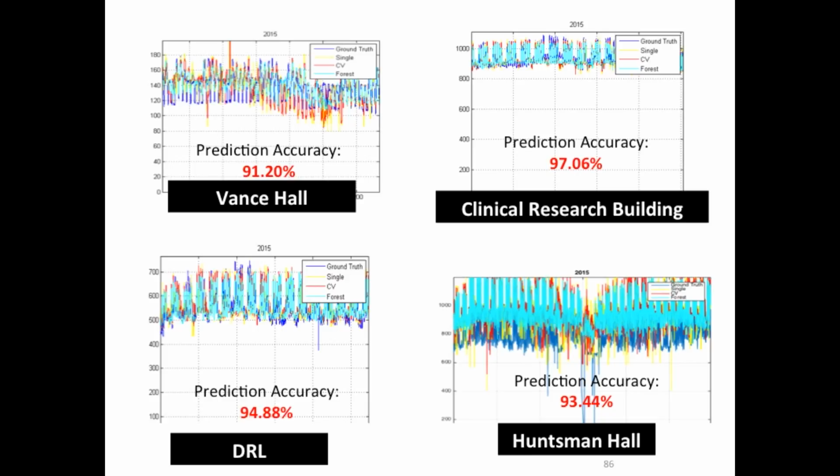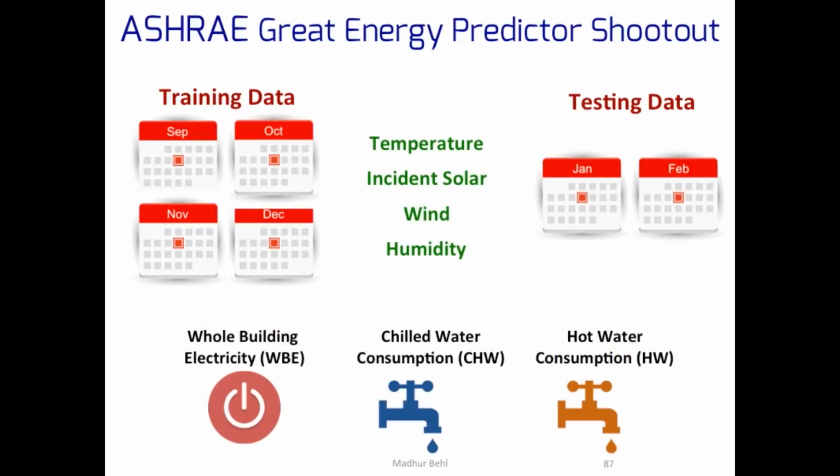No. Okay. Yeah. So I also compared the performance of the DR Advisor approach against other data-driven methods. And the best way to do that was to evaluate the performance on benchmarking data released by ASHRAE.